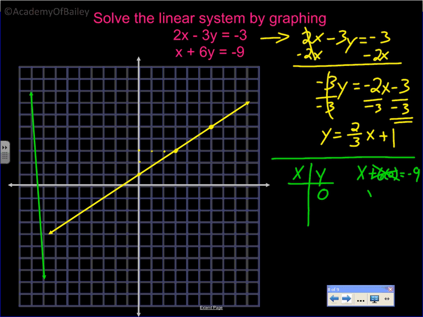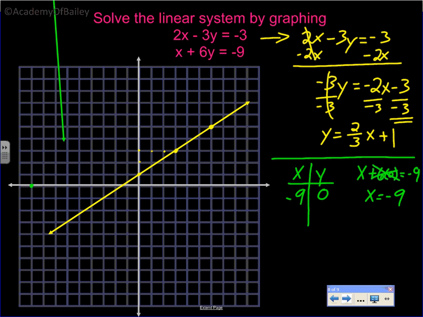So I'm just left with x is equal to negative 9. So that is the ordered pair that we're looking at. Let me get this green line out of the way. So that ordered pair, negative 9, 0, is right there.